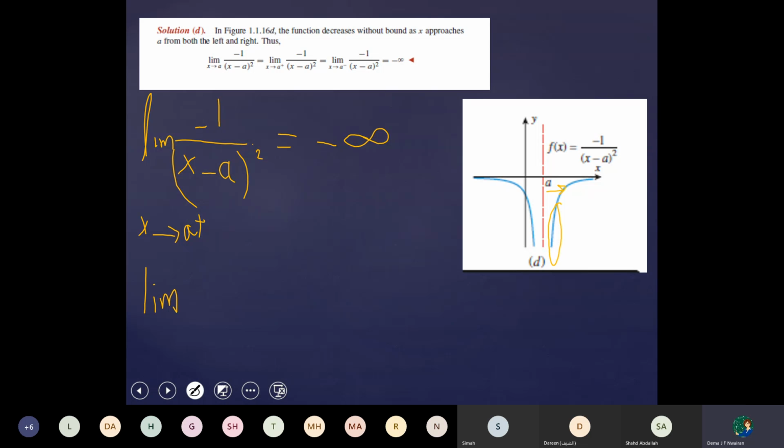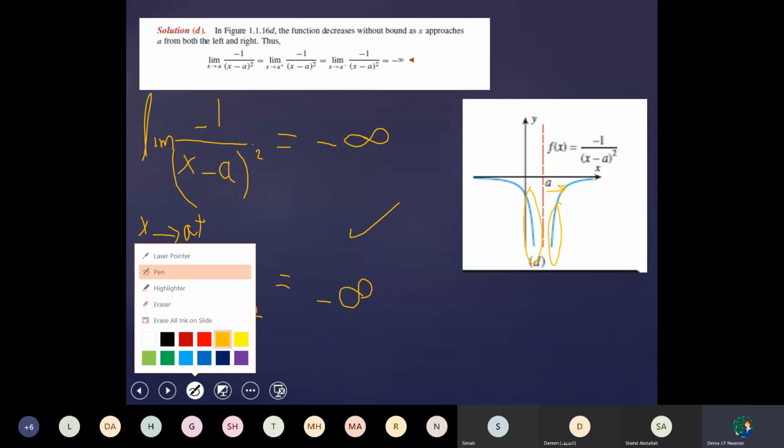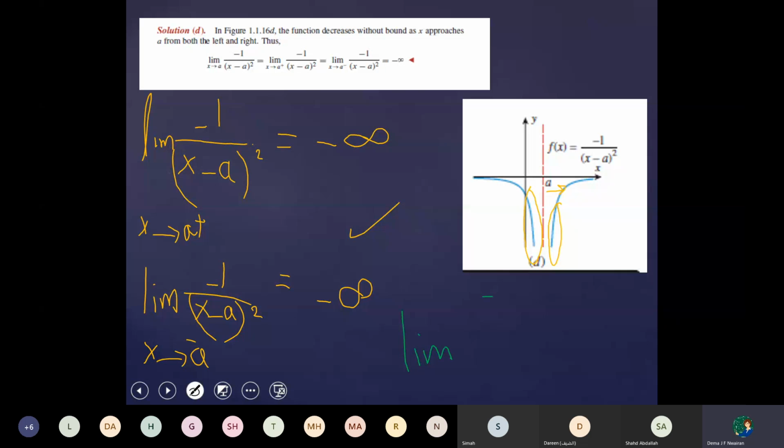And when x approaches a from the left, as you see here, it also goes to negative infinity. Does it equal? Yes. Because of that, I can say that the limit of negative 1 over x minus a squared when x approaches a is equal to negative infinity. Is it clear?